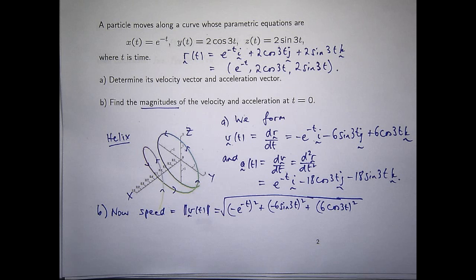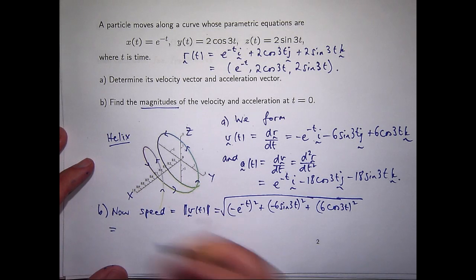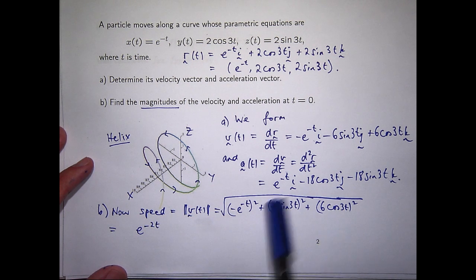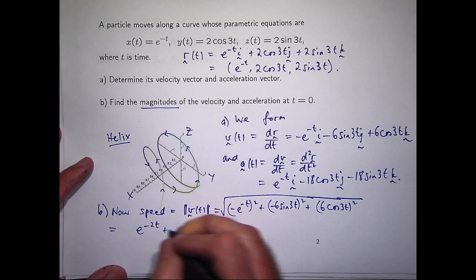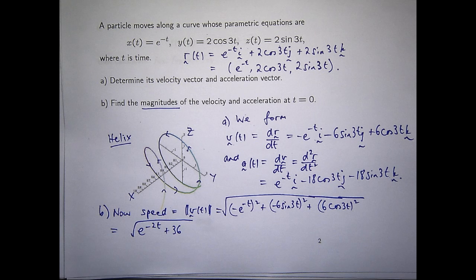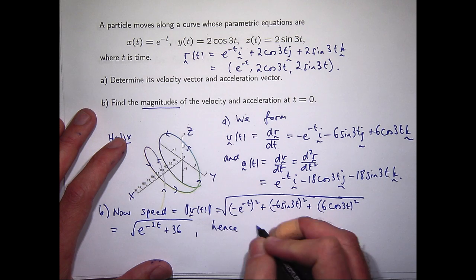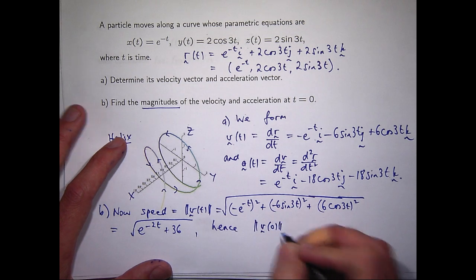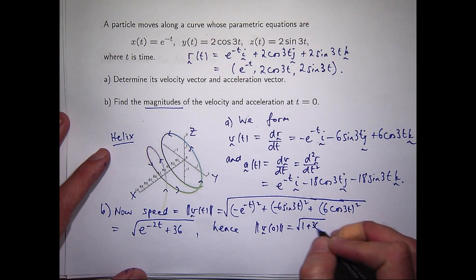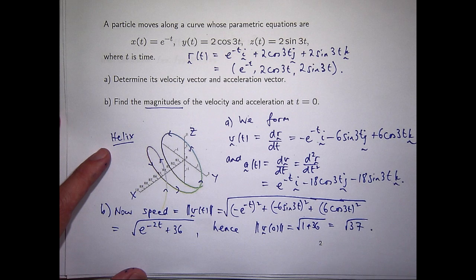So I can simplify using cosine squared plus sine squared equals 1. So this is going to become something like e to the minus 2t plus 36. At the point t equals 0, I can just calculate from here. I'm going to get e to the 0, which is 1. So I'll just get root 37. Okay, that's one way of doing that problem.